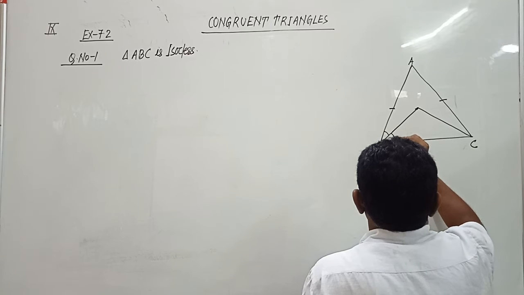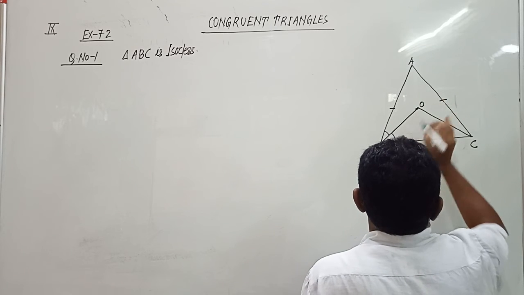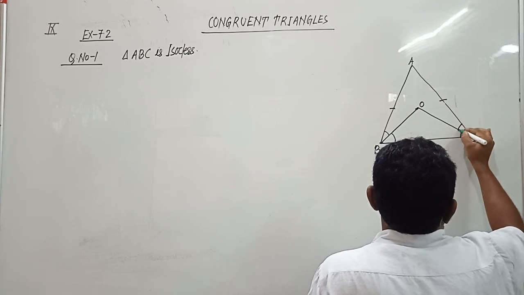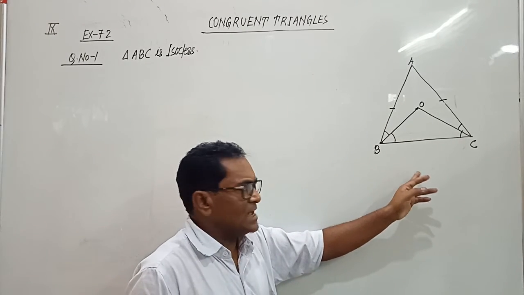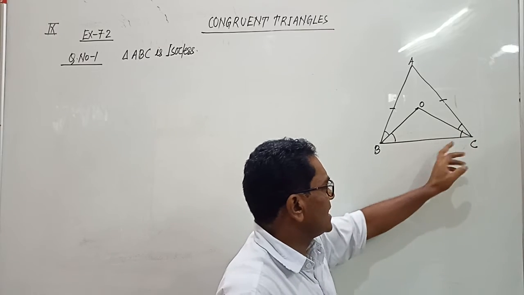These are the bisectors: BO is the bisector of angle B, and CO is the bisector of angle C. Also we know that in an isosceles triangle, base angles are equal.